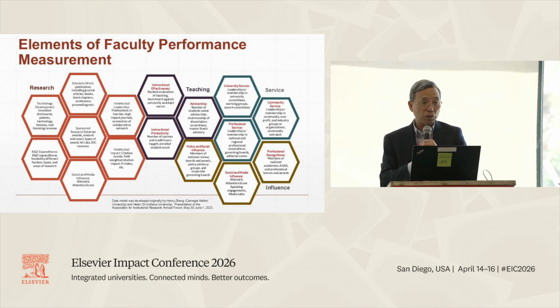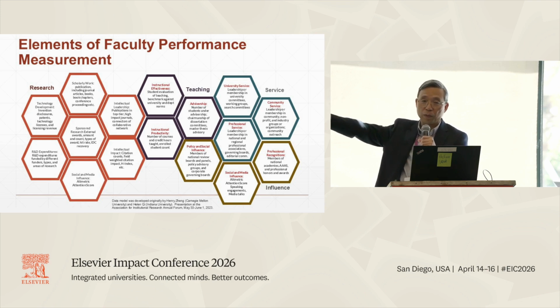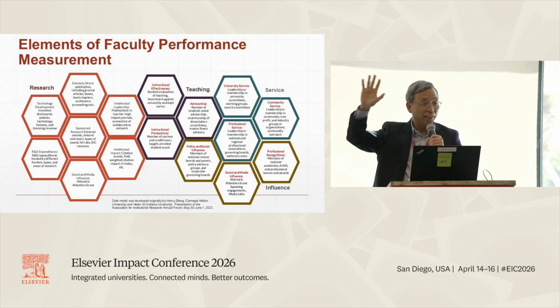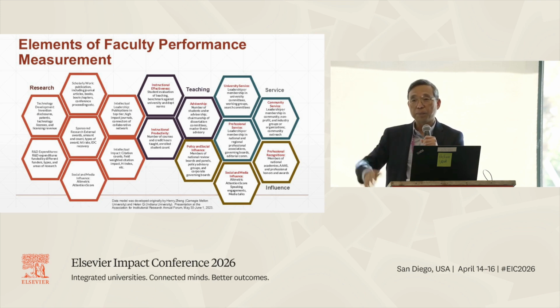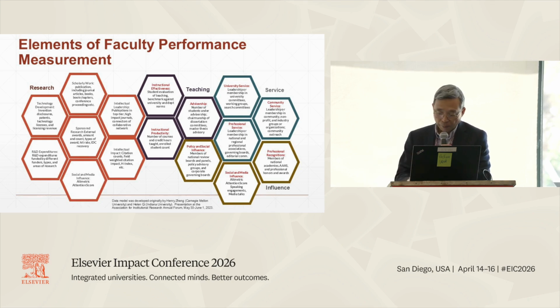Depending on what kind of university you have, they emphasize slightly different areas. For today, we are going to emphasize the research side, because that's where we actually use the Elsevier data in our university setting, particularly SciVal data.